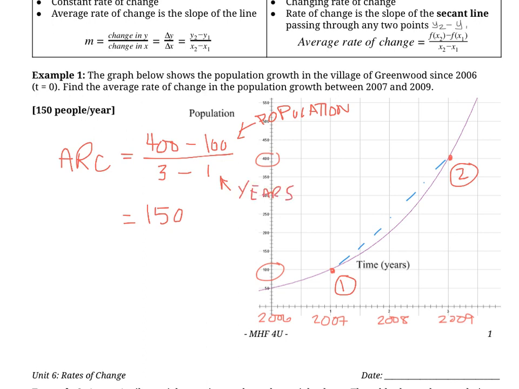So when we divide these two things, the unit that we're going to end up with is obviously population per year, or people per year. So this value is positive, and it makes sense. The population, based on the graph, seems to be increasing. So every year, the population is gaining 150 people on average between 2007 and 2009.